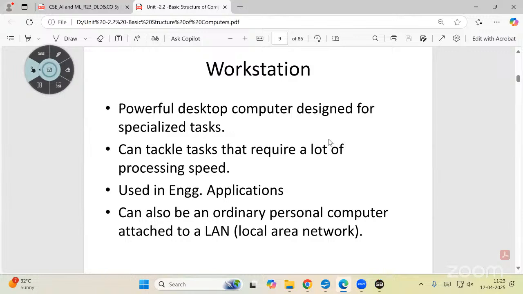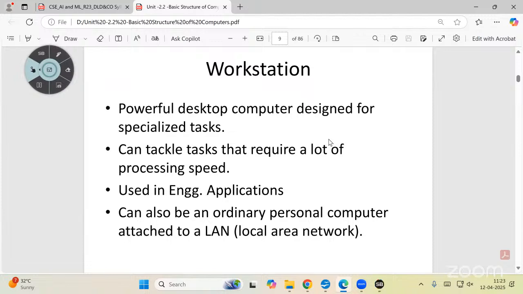So we can't run that program on our laptop or desktop, so it can be used on the workstation. This is a powerful desktop computer designed for specialized tasks, which can tackle tasks that require a lot of processing speed. For example, in the laboratory, you are using the P4 computer. If you want to run the latest programming language, you belong to second year, right?